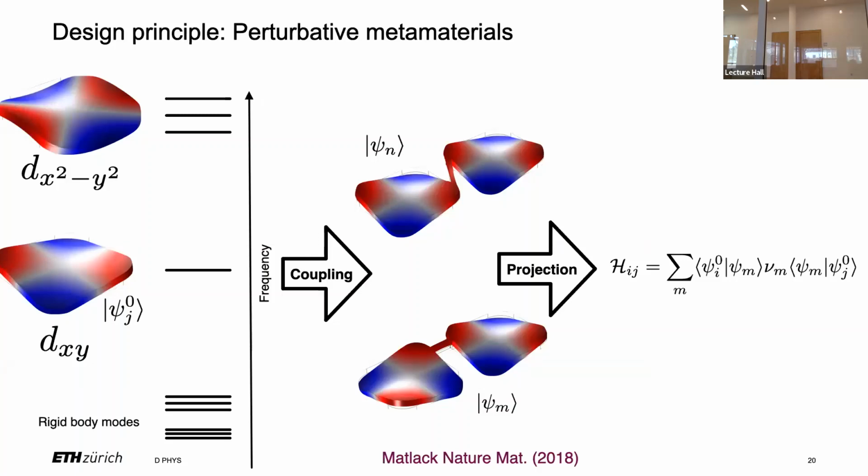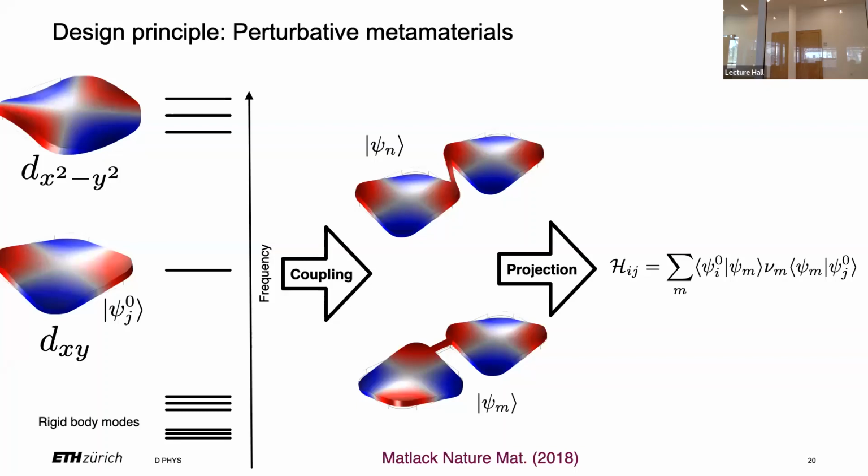We take single units, these are plates, and they have vibrational modes. First, they have a number of rigid body modes where they just wiggle like this, at zero frequency in the beginning. Then we have the first modes that actually bend. So we have this d_xy symmetry and the d_(x²−y²) symmetry. These are my local resonators.